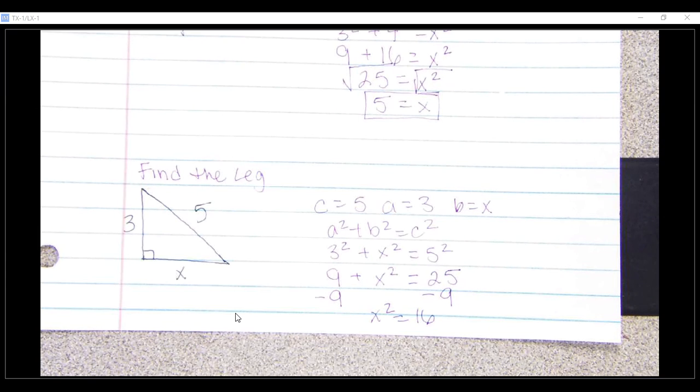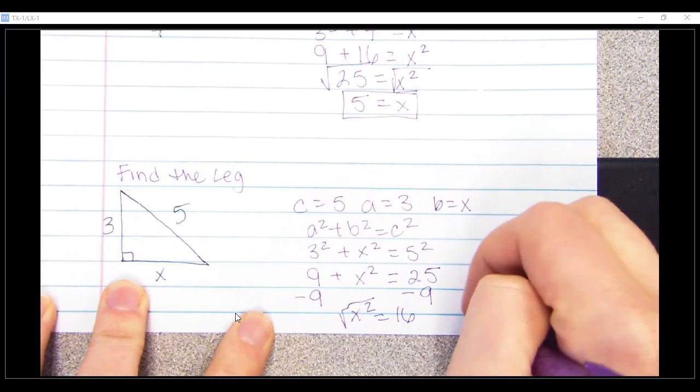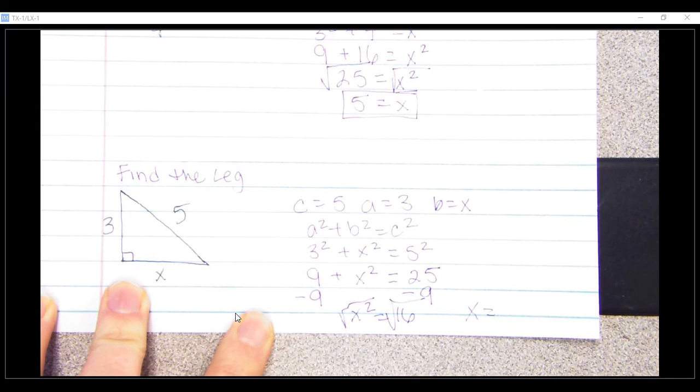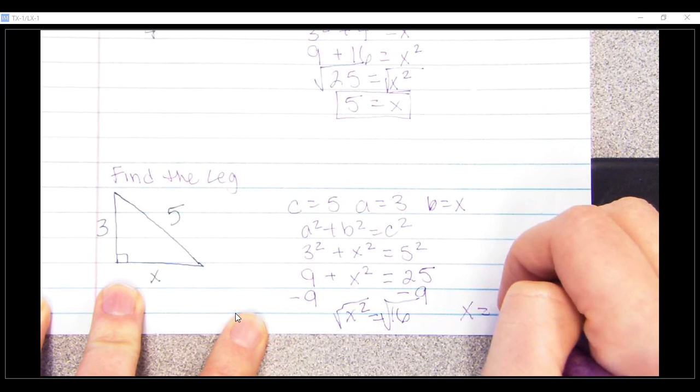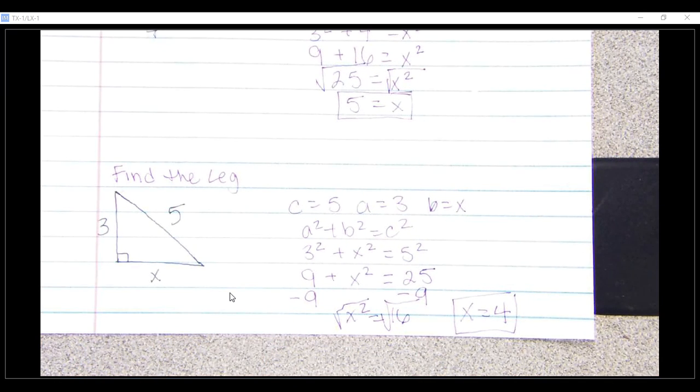Great, again, we're almost done. I'm going to square root both sides again to get x by itself. If I square root x squared, that leaves my x by itself. But what I do on one side, I have to do on the other. And the square root of 16 is going to be 4 because 4 times 4 equals 16. Good luck, I know that you can do it.